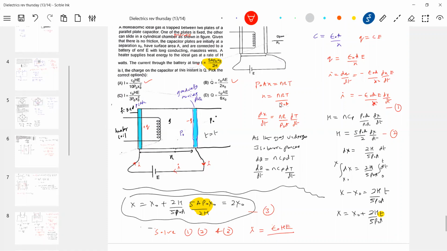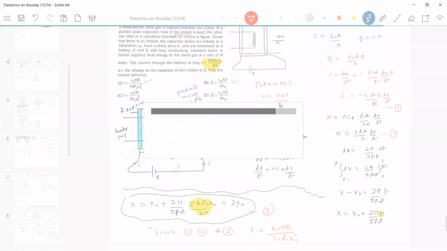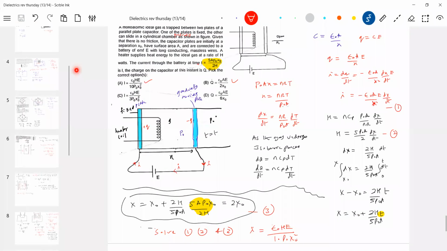Somebody was asking a question. Sir, you said you're taking constant pressure. How can it be constant pressure, sir? Why, what is the problem? Electrostatic pressure will also be there, sir, when charge is getting added up. You have to consider that also. It moves gradually, no? But also some electrostatic pressure will be there, sir. You mean to say that the electrostatic force will be acting? Yes, sir.